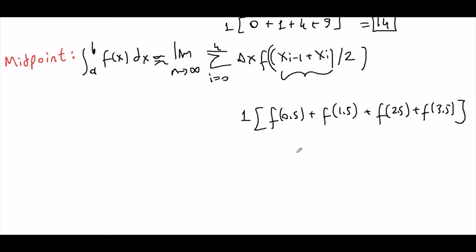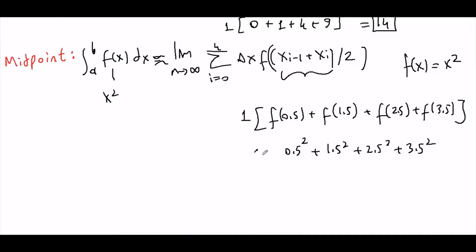So f of 0.5 means 0.5 squared, because our function is x to the second. Similarly, we're going to set our f of 2.5 and 3.5 times 1, and if you do the algebra here, you're going to get 21.